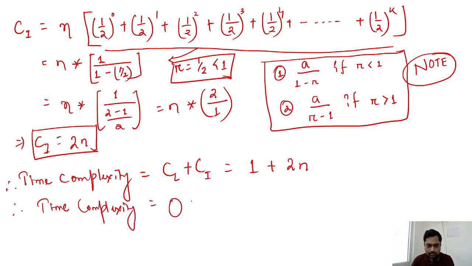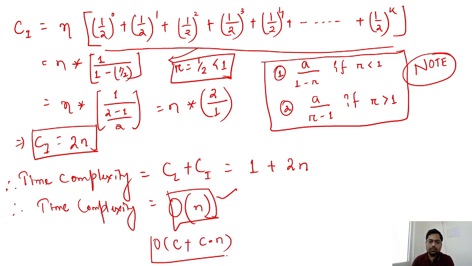You can simply write big O of n. Theoretically it is correct. If you are saying big O of c plus c into n, that is also the correct answer, because it's theoretically correct and it's practically correct. Sometimes the constant is getting added and a constant is getting multiplied with the n, which is a variable. This is also a correct answer.